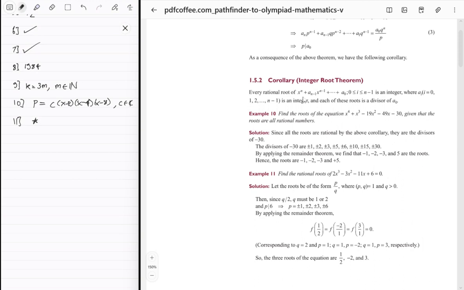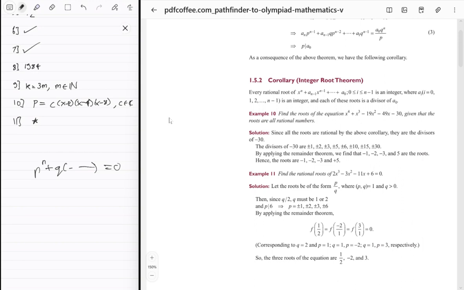That means it cannot be a rational number, because you just have p to the power n plus q times some stuff that's equal to 0, right? After cross multiplication, that's what you're going to get. So it's not possible for the root to be just a rational number and not an integer.